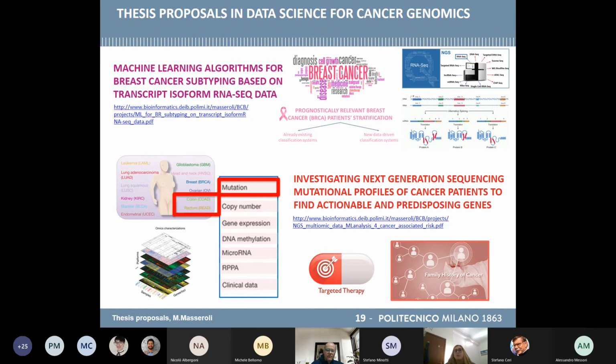As said, for this thesis, at the beginning, for sure, we will focus on colorectal cancer for the already mentioned characteristics. And we could also decide to combine the analysis of mutational profiles with a multi-omic perspective that takes into account also other relevant kinds of genomic data, such as the transcriptional, so again the gene expression data, or copy number alteration.